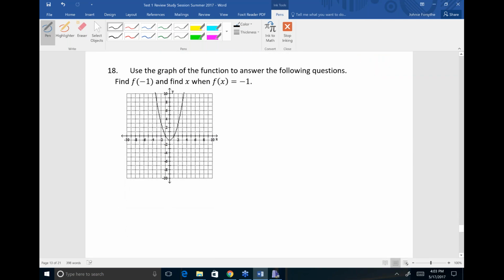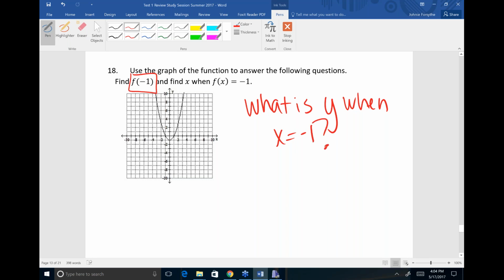Okay. Use the graph of the function to answer the following questions. So find f of -1, and then find x when f of x equals -1. This is basically trying to get you to find x and y values. Let's do the first one. Okay, f of -1. That's asking you what is the y value when x equals -1.